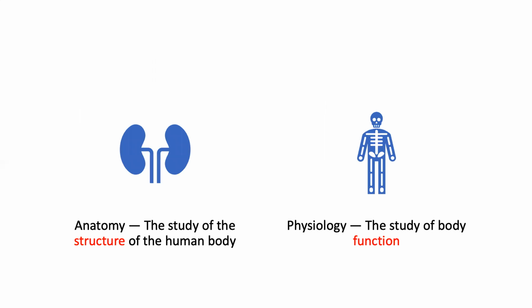So anatomy is to do with the structures of the organs and the structure of the human body. And physiology is more concerned with the study of the functions of the organs of the human body.